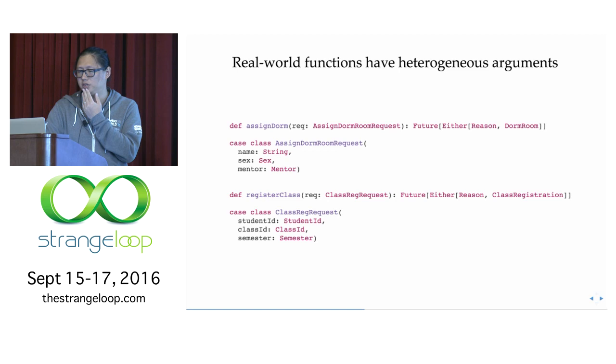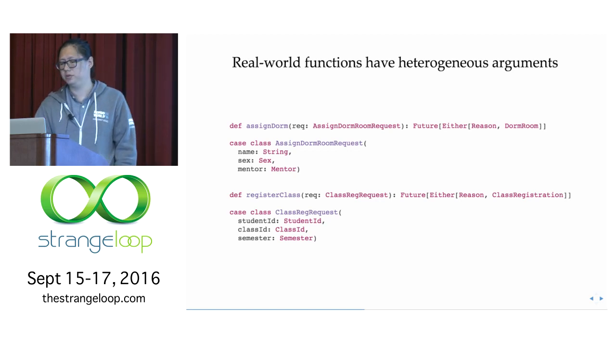Each takes different arguments, and they have different data representations. In this particular example, you can see we have a signDorm function that takes a request that needs three different fields, which are name, sex, and mentor. And we have a registerClass method, which also takes different kinds of data. So how do you compose or combine those?